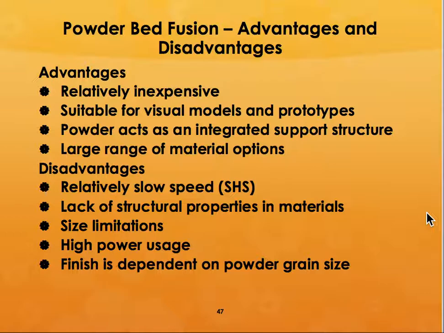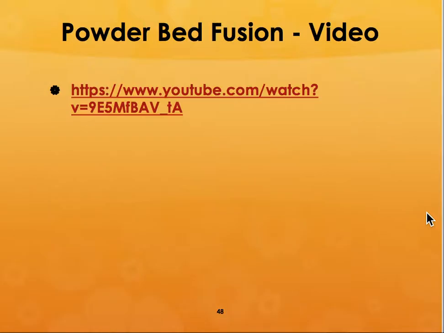So one advantage is that you can make components in parts, and then you can weld them together or machine them together, etc. And the finish is dependent on powder grain size, and the smaller the grain size, the more expensive the powders. And again, just like all powder processes, this is a dirty process, not a very clean process.